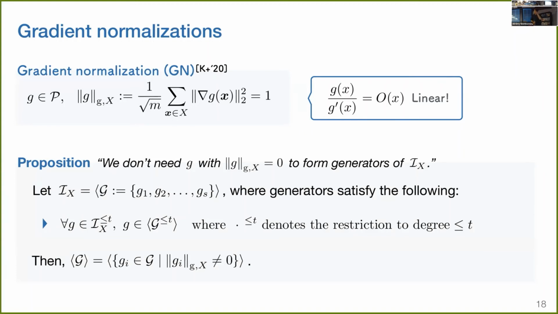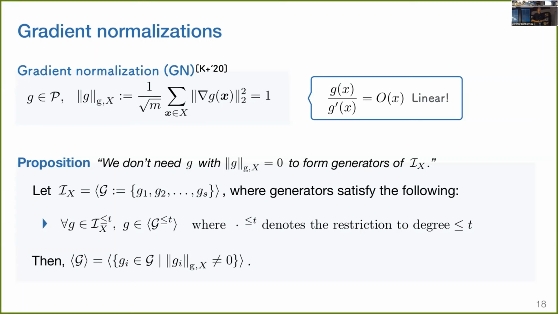But of course, the concern is that even a non-zero polynomial can have this quantity be zero, because g can have gradient zero at every single point even if g is a non-zero polynomial.